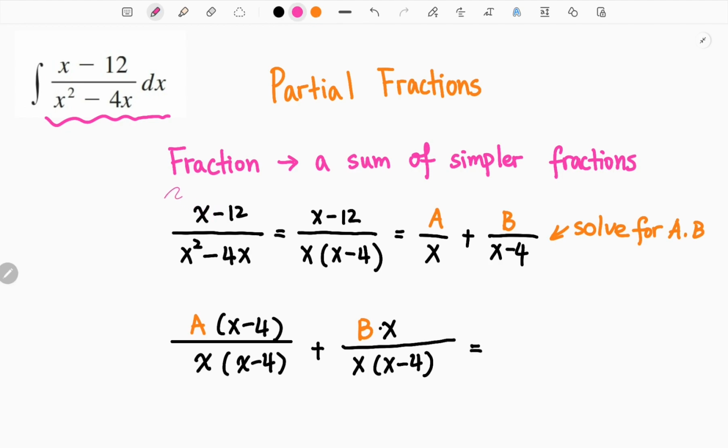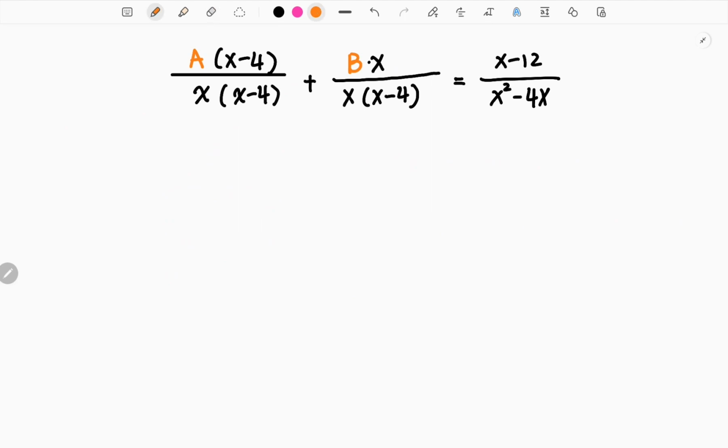And we want this to equal the left term, so let's write it as x minus 12 over x squared minus 4x. The bottoms are already equal to each other, so what we want to worry about is only our numerator. For the numerator, what we have is A times x minus 4, plus B times x, is equal to x minus 12.